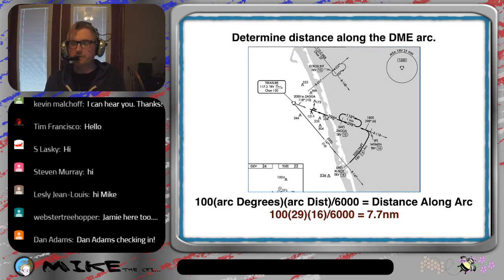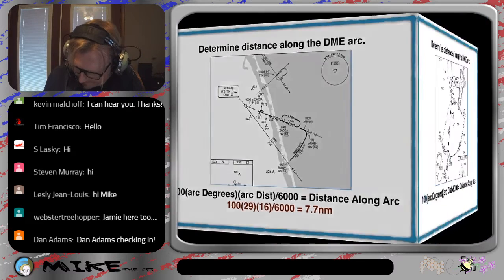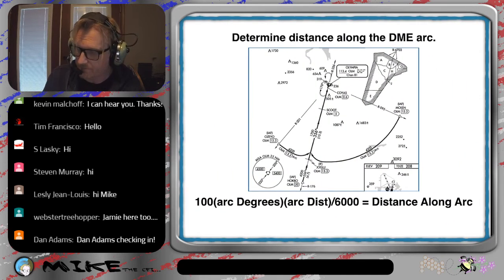Hopefully you guys are working these along with me. You got to do them a few times to remember, or just remember the little rules. It's about as simplified as I've seen and as I can make it. So here we got two different arcs that we can measure.